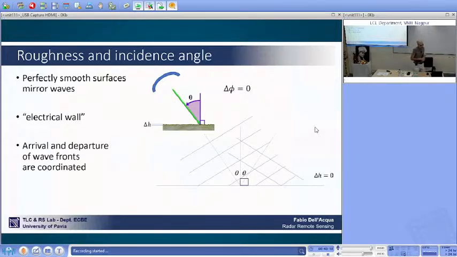If we are in a situation like the one illustrated here, where you have a perfectly flat surface, the physics tells you, I'm not going into the details, believe me, probably many of you know about this fact, but the others, I ask you to believe me. If the surface is flat, meaning that surface bumps are small compared with the wavelength, then the wave will be reflected mirror-like.